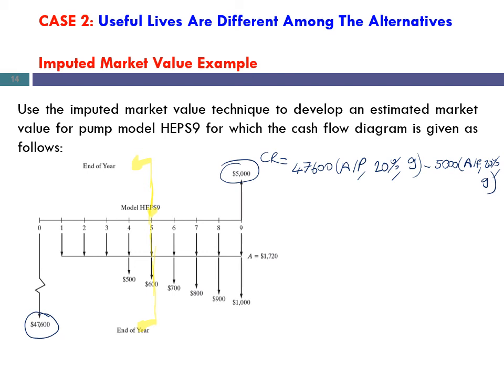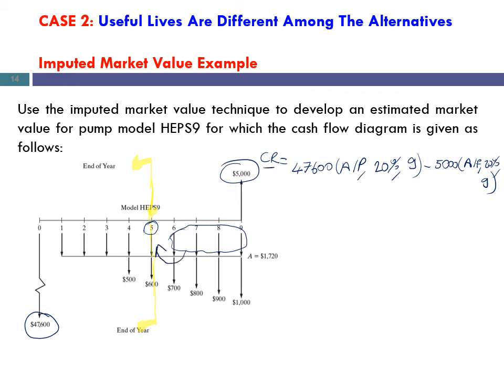And what should I do? In order to find the imputed market value, I need to find the capital values that are present for the years after the project study period. I need their equivalent values at time 5.